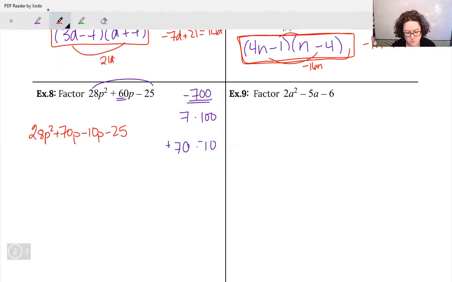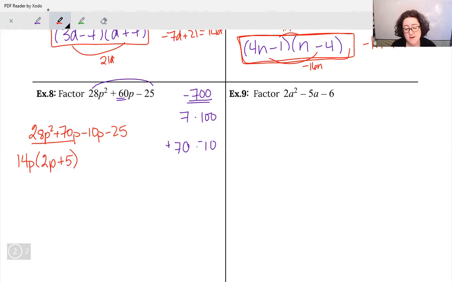Actually, I think we can go even bigger. Let's see. I know 14 is a factor of 28, and so 70 divided by 14 is 5. 14 and p, those are my common factors. That's my GCF for my first two terms. So I'm left with 2p plus 5.